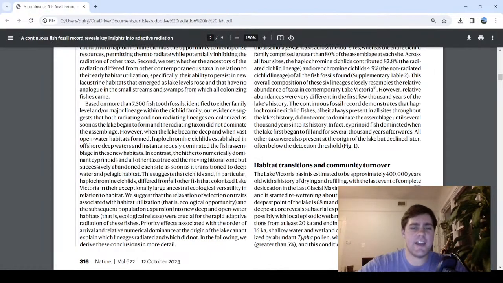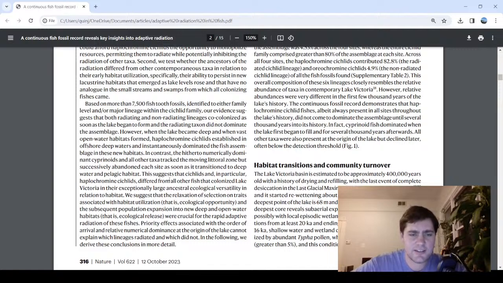This suggests that cichlids, and in particular haplochromine cichlids, differed from all other fish that colonized Lake Victoria in their exceptionally large ancestral ecological versatility in relation to habitat. We suggest that the relaxation of selection on traits associated with habitat utilization, that is, ecological opportunity, and the subsequent population expansion into new deep and open water habitats were crucial for the rapid adaptive radiation of these fishes.